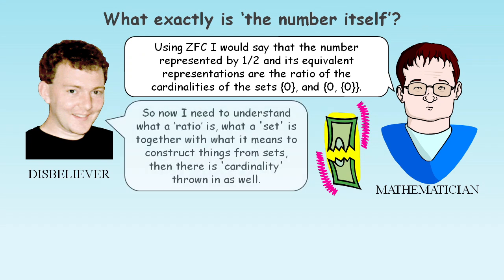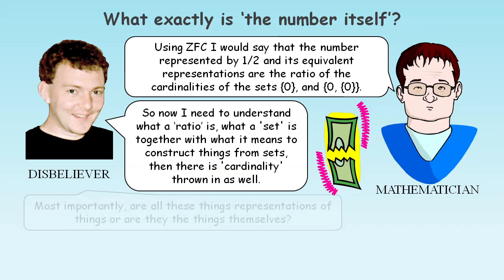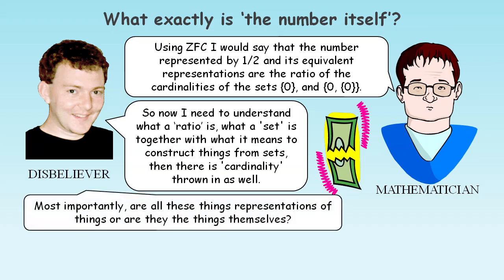So now we need to understand what a ratio is, what a set is, as well as what it means to construct things from sets, together with everything that accompanies these concepts. And with all these new concepts, are they representations of things, or are they the things themselves? To say that they are all just concepts doesn't really shed any light on the matter.